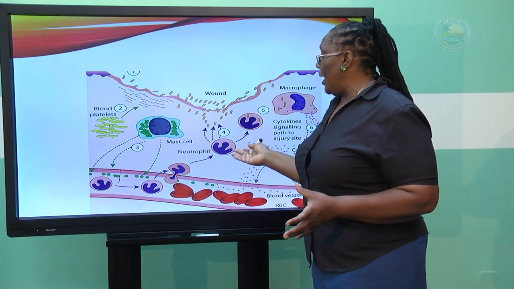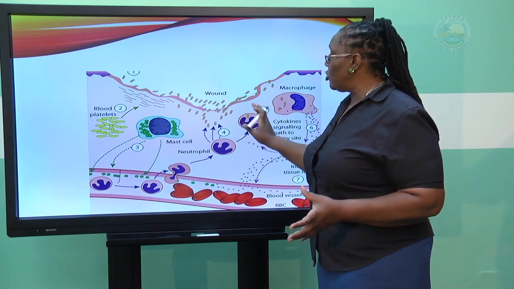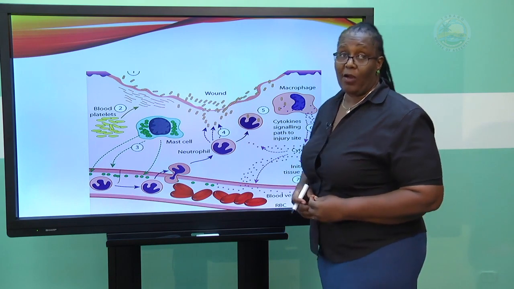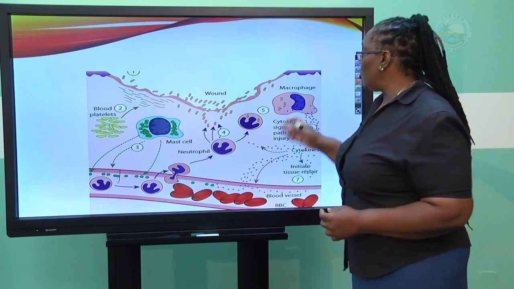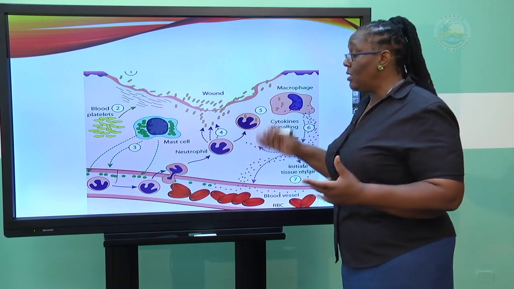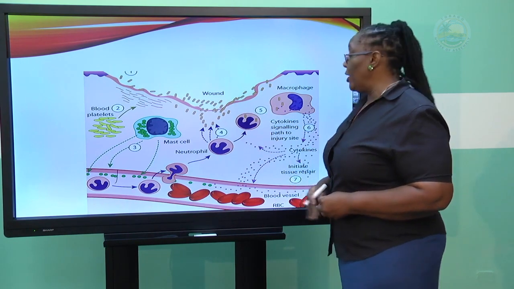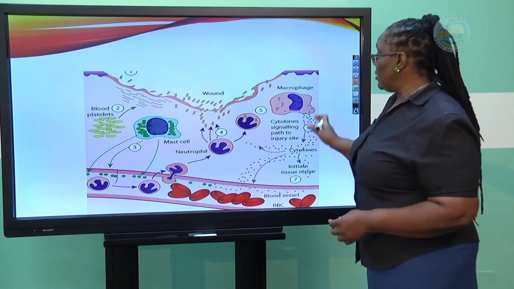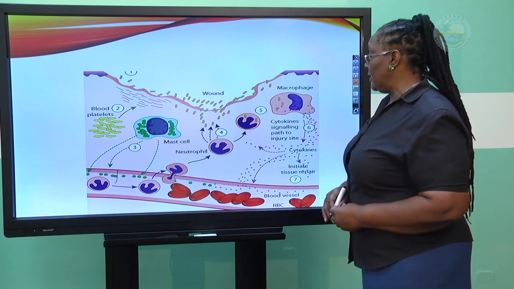Now that these go in, some of these are going to try to engulf the pathogen through the process called phagocytosis. You would also have some larger white blood cell called macrophages. As we said earlier, I showed you the macrophages, which has this kind of kidney bean shape nucleus. These also will gravitate to the area.